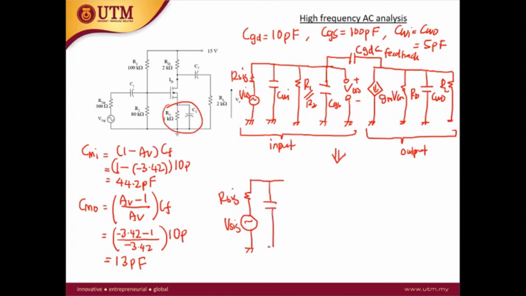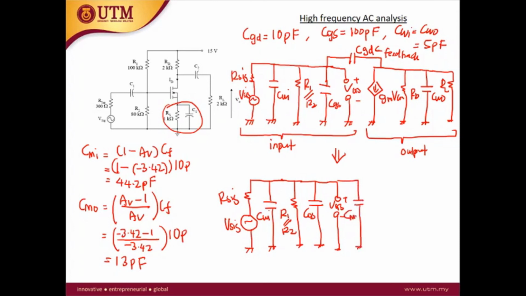This is the CWI, this is R1 parallel with R2, this is your CGS, VGS. And then at this input, we have the CMI.